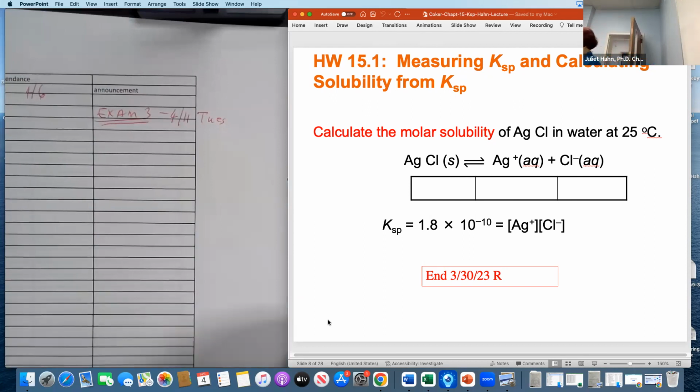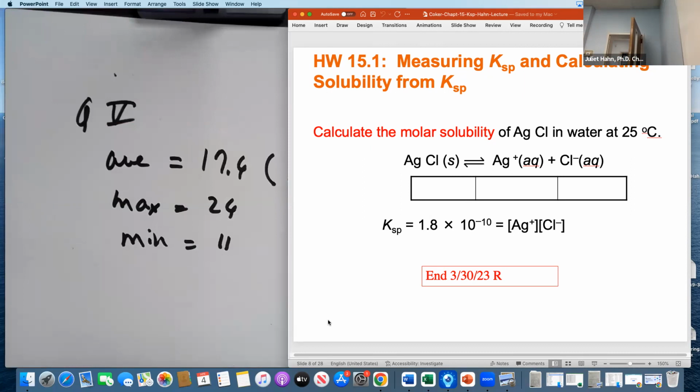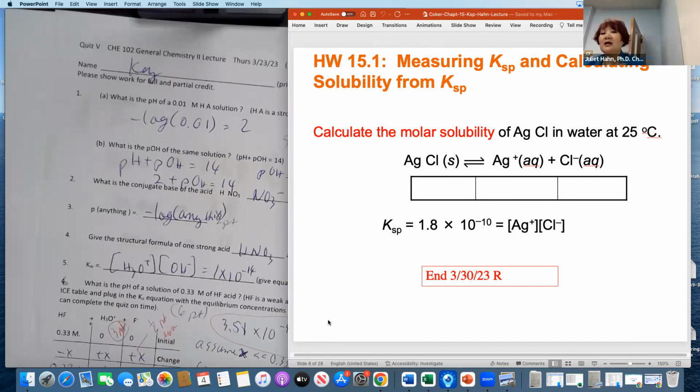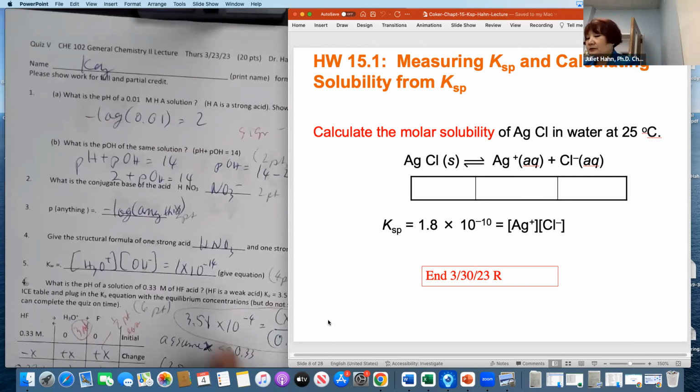Here comes the signing sheet. All right, so let's take a look at the answer key to the quiz. I guarantee you will see a question like this on the exam.